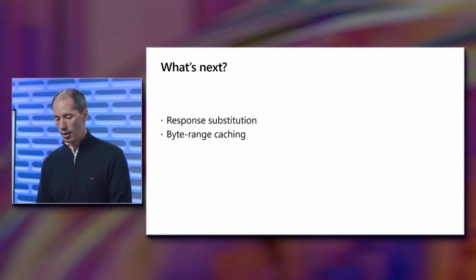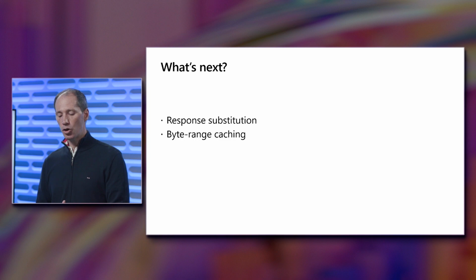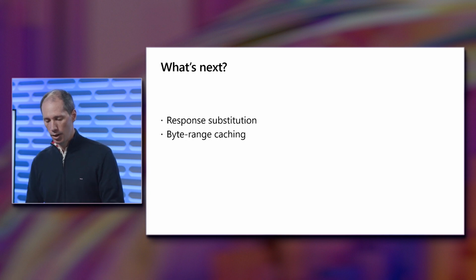Another thing we still need to implement is response substitution, which will let you alter a cached entry before it's served to the client. The idea is maybe you might want to exclude some parts of the cached entry and replace it when it will be requested by something more fresh.